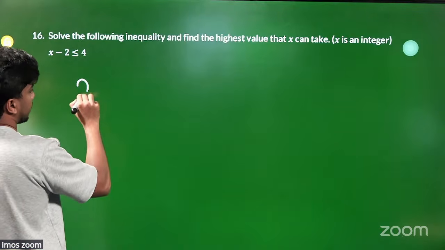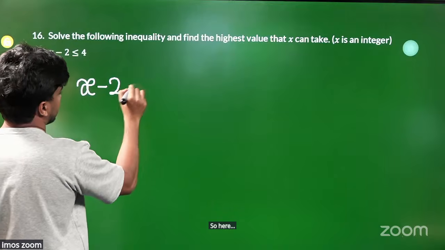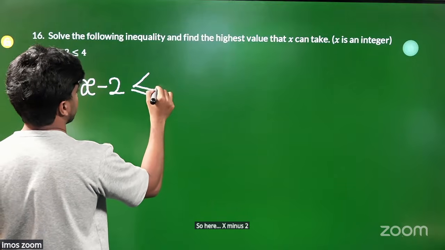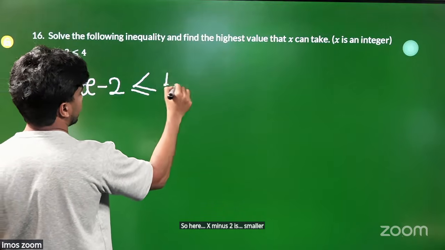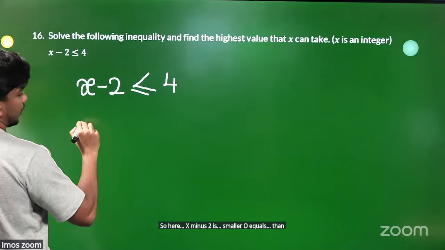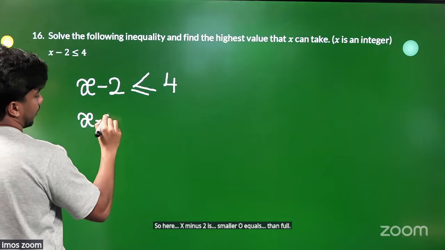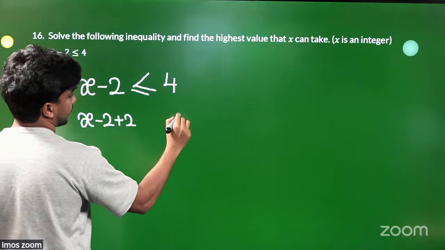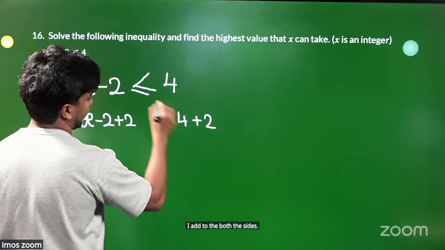So here x minus 2 is smaller or equal than 4. I add 2 to both the sides. Inequality sign doesn't change.